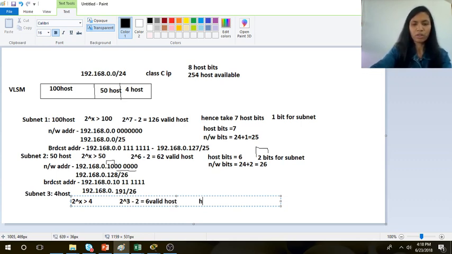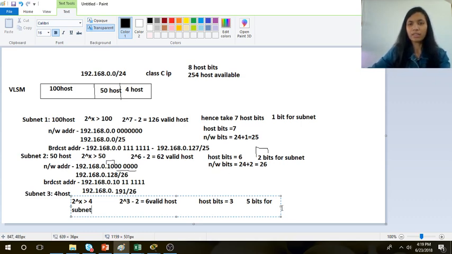So you have your host bits equal to 3. Your host bits are equal to 3. So if you are going to use 3 bits as host, you had got 8 bits available. So from these 8 bits, 3 bits you are going to use for host. So you are left with 5. So you have got 5 bits for subnet.